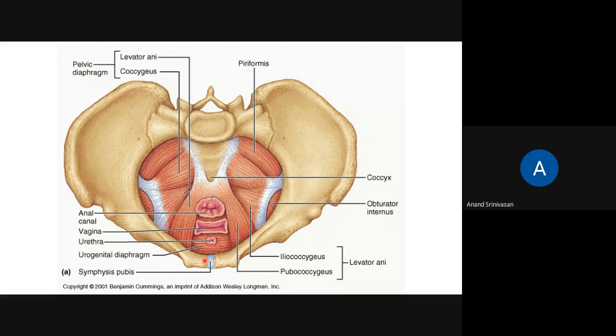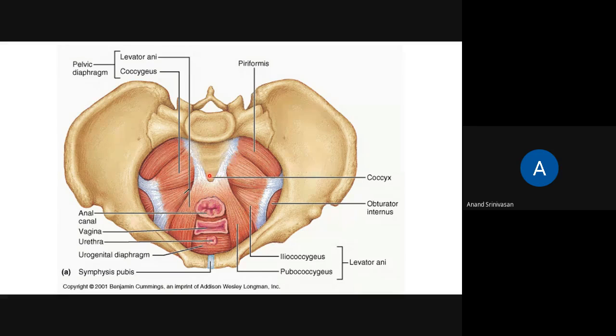The first one is the sphincter vaginae, a muscle which goes around the vagina; in males it's the levator prostatae. Then the puborectalis, which goes around the rectum, and the pubococcygeus, which goes from the pubis towards the coccyx.